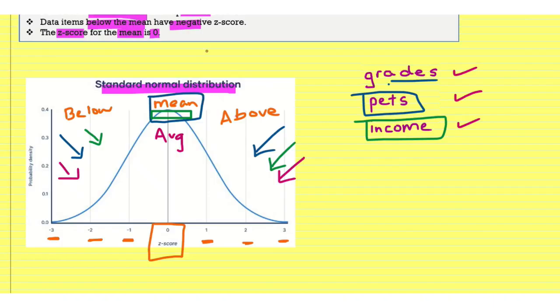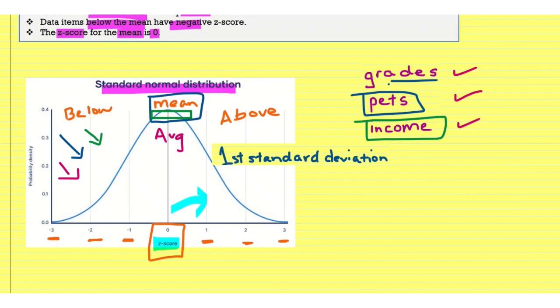Your z-scores have to do with how far above the average they are. The number 1 means that it is exactly 1 standard deviation above the average.